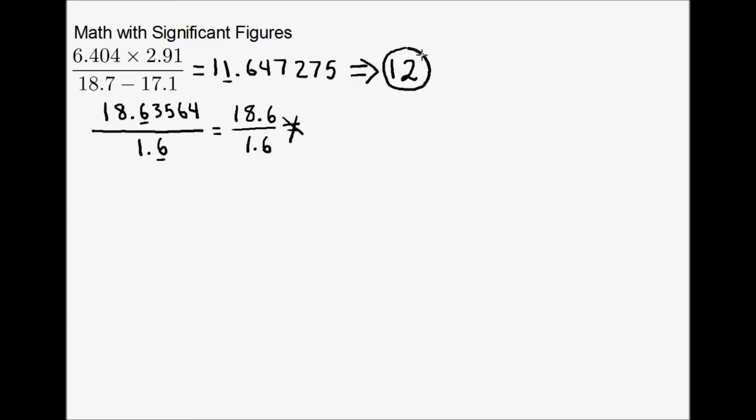Okay. Now, here's another problem, compound math again. I have some additions, I have some divisions. But once again, first step, always put in your calculator, get a number. 2.526 divided by 3.1 plus 0.470 divided by 0.623 plus 80.705 divided by 0.4326.